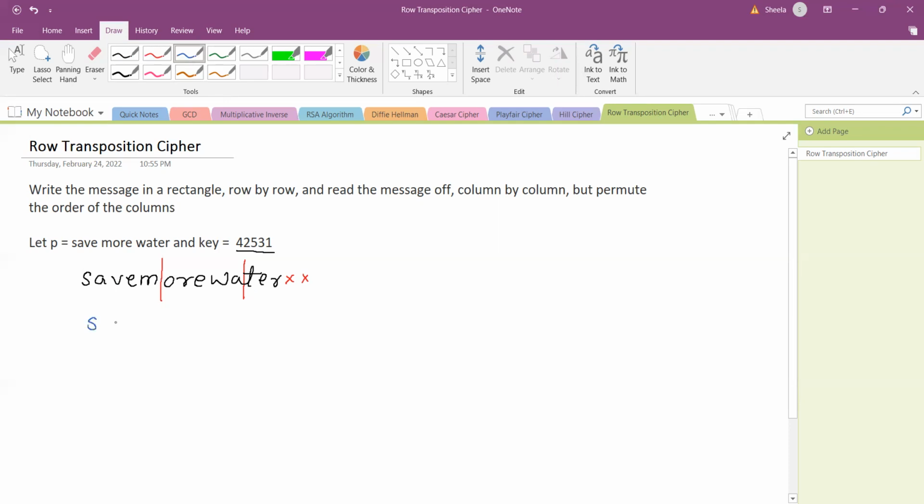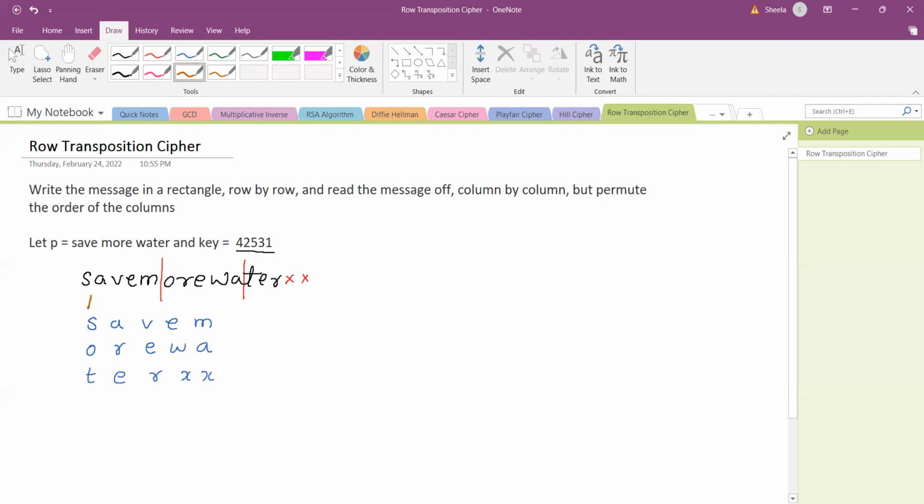The first row is SAVEM. The second row is OREWA. And the third row is PERXX.